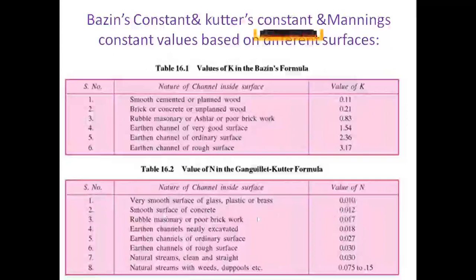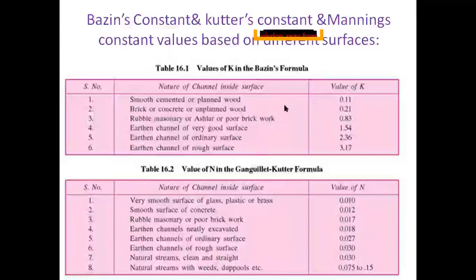Rubble masonry or poor brickwork 0.017. Earthen channels neatly excavated 0.018. Earthen channels of ordinary surface 0.027. Earthen channels of rough surface 0.033. Natural streams clean and straight 0.030. Natural streams with weeds, pools etc. 0.075 to 0.150.